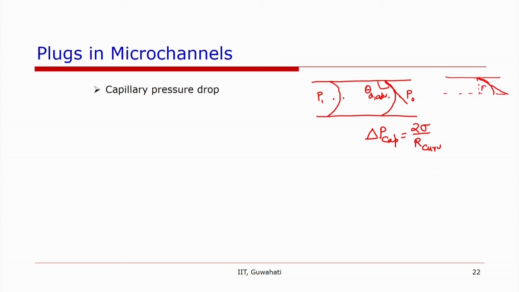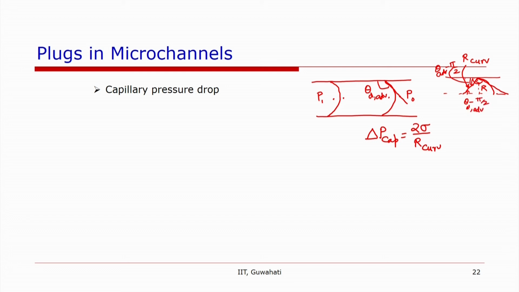This is the radius of the channel, the angle being theta, and the radius of curvature is this, what we term as r curvature, and this angle is 90 degree. So the angle here is theta advancing minus pi by 2, and this angle will then be theta d advancing minus pi by 2.